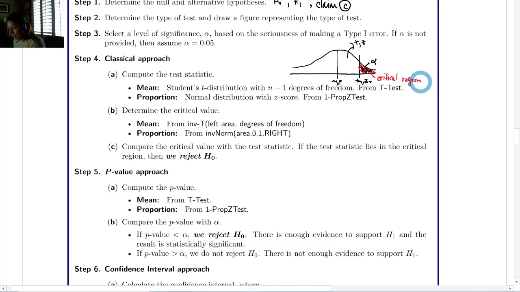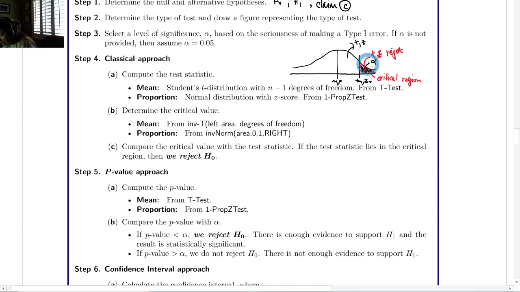We have that anyways, right? Like with alpha. And so we just determine whether or not it's in the critical region or not. So if you compare the critical value with the test statistic, if the test statistic lies in the critical region, then we reject the null. So here's t or z, and then we reject. It's just like the p-value, right?